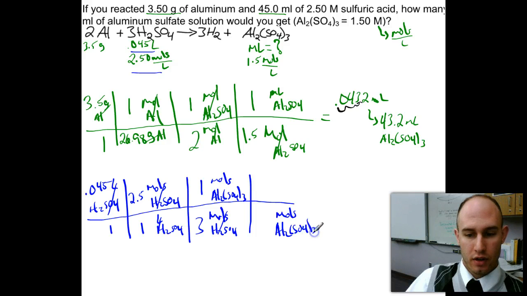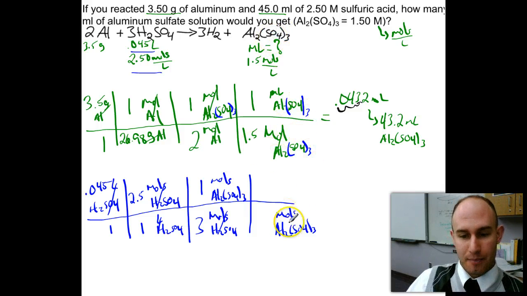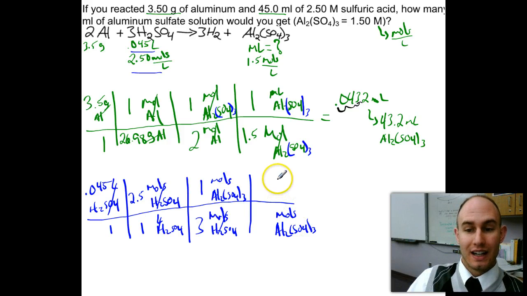I'm now going to bring down my moles of the aluminum sulfate, Al2SO4 3. Actually, I see a mistake I made up here, in that I have a 3 that I should have on those. Not a big mistake, but some of you might have caught that in the formula, so add those in. But I'm going from moles of Al2SO4 3 to liters of Al2SO4 3.